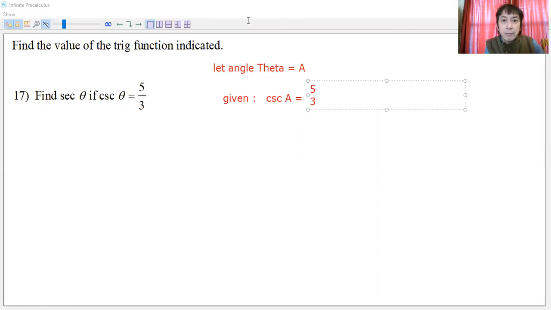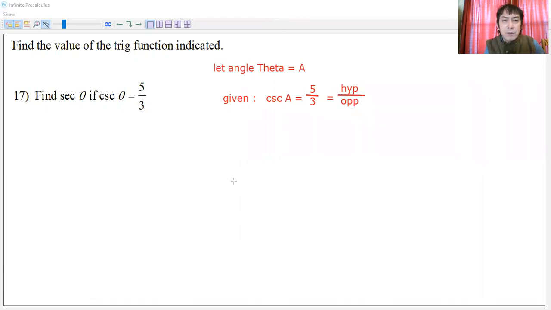Now, our definition of cosecant is hypotenuse divided by the opposite side. That's for a cosecant function.